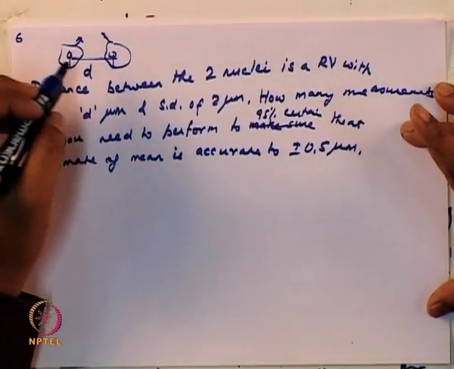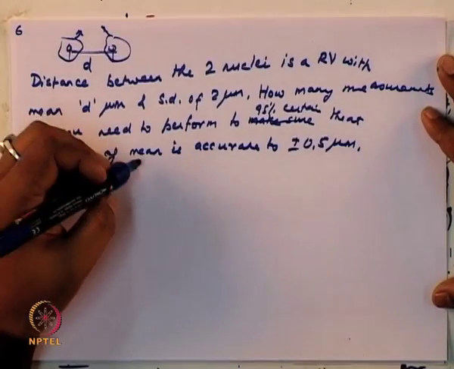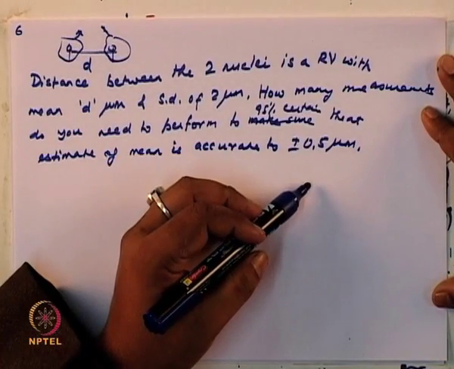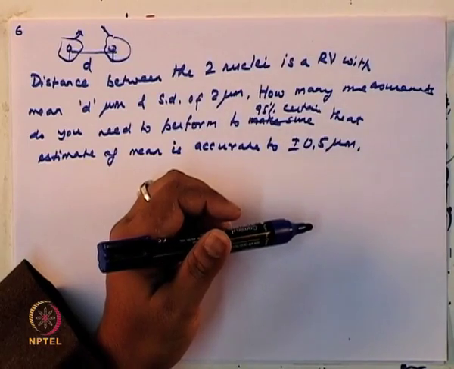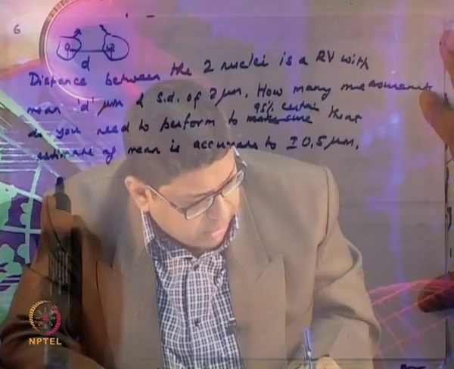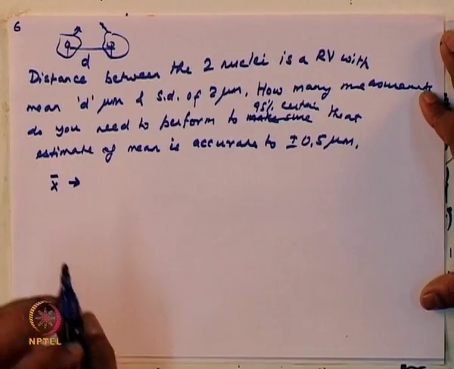So, you have this D as the average. You want to know that the estimate of the mean is accurate to plus minus 0.5 microns, and given the scaling sigma by root n, we know that if we increase the sample size, you would get a much better measurement. So, mathematically, x bar is the distance between the two cells.